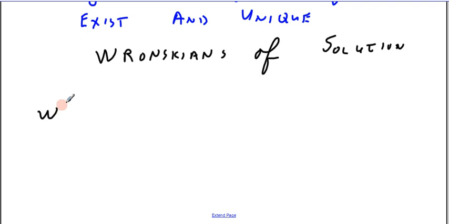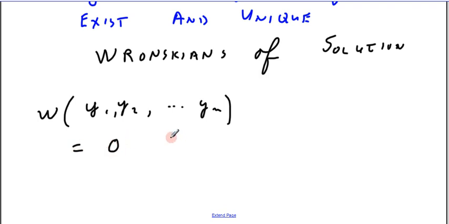So the Wronskian of y1, y2 up to yn, if that Wronskian is not 0 on some interval I, so it doesn't have to be on the whole number line, it can be on some small portion of the number line, then the solutions are linearly independent.